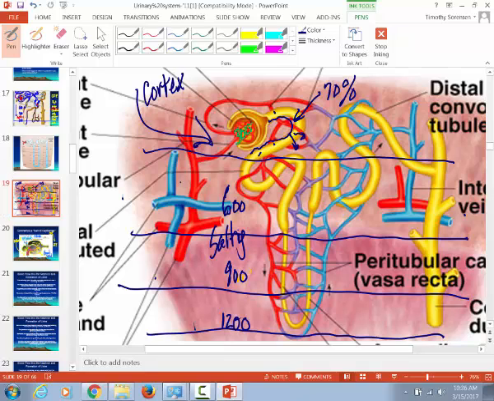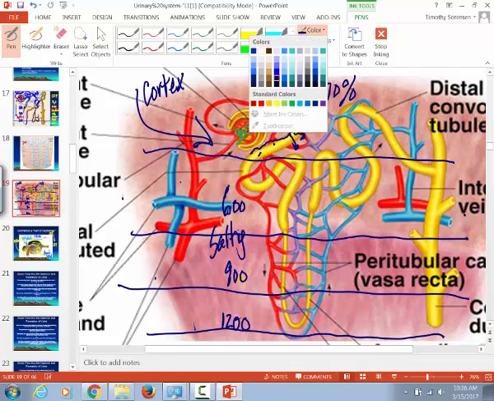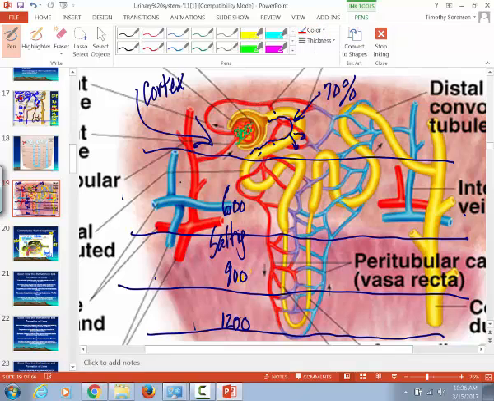And a lot of it has to be actively pumped in, and one of the things that the cells that make up the proximal convoluted tubules are loaded with are these pumps called the sodium-potassium pump.